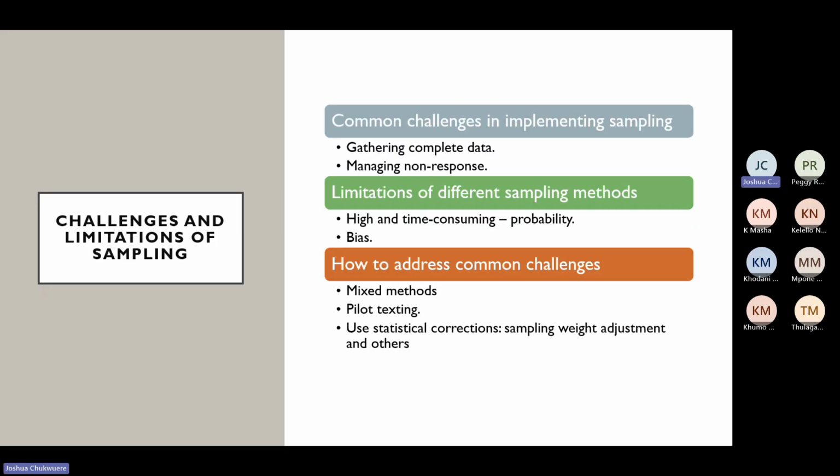At the same time, there are some challenges and limitations in sampling, and these are the common challenges in implementing sampling: gathering complete data, like I talked about before. Whether you are doing interviews or collecting questionnaire or survey data, completing it is always a challenge.